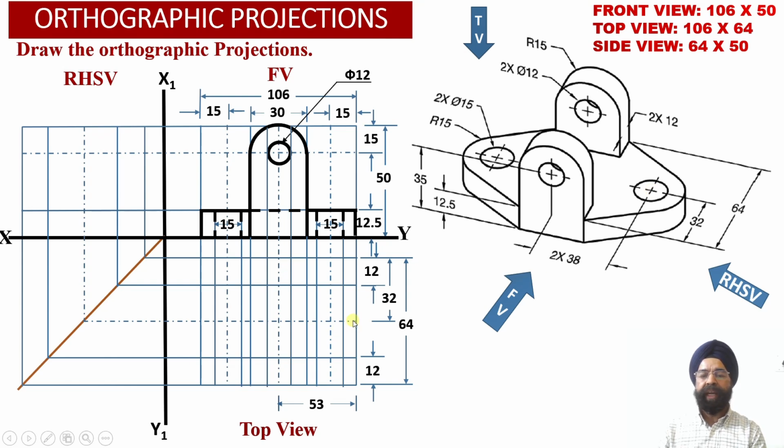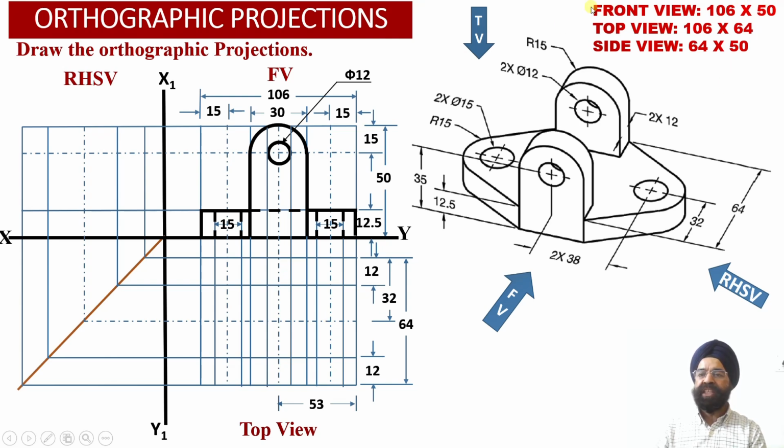Once we locate the center points of the two holes in the horizontal web in the top view projections, this position of the center line has been appropriately transferred once again into the right hand side view projections using this transfer line over here. So now we can check the center point of this hole on the left hand side has been located over here. The center point of this hole on the right hand side has been appropriately located over here.